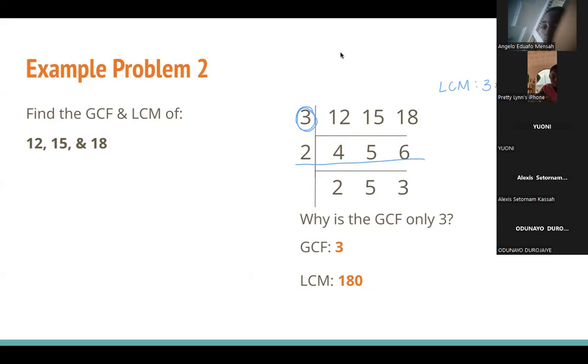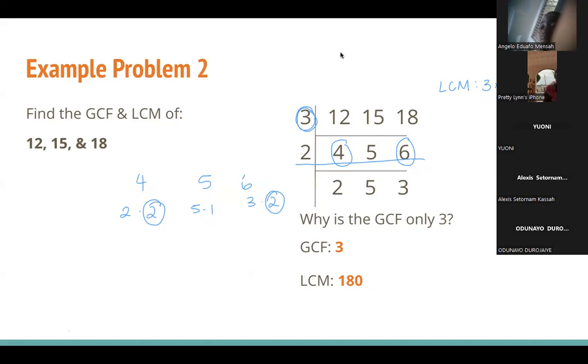Okay, let's move on to the next set of numbers. When looking at 4 and 6, they still share a common number. And if we were to multiply 4, 5, and 6, we would be double counting that 2. If we prime factorize 4, 5, and 6, we'd see that 4 is 2 times 2, 5 is 5 times 2, and 6 is 3 times 2. 4 and 6 still have this 2 in common, but within the LCM, we want to get rid of all the possible common numbers.